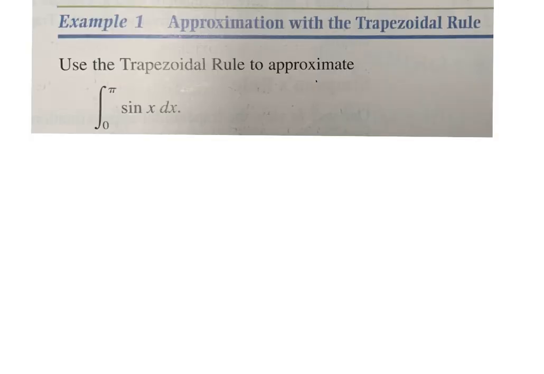So let's look at this one. Use the trapezoidal rule to approximate the integral from 0 to pi of sine of x dx, all right? And they want us to do it using 4 and using 8. So if we do n equals 4, which is the first one we're going to do, they want us to do it from 0 to pi. The distance between each of those is just going to be your top boundary minus your bottom boundary over your number of trapezoids.